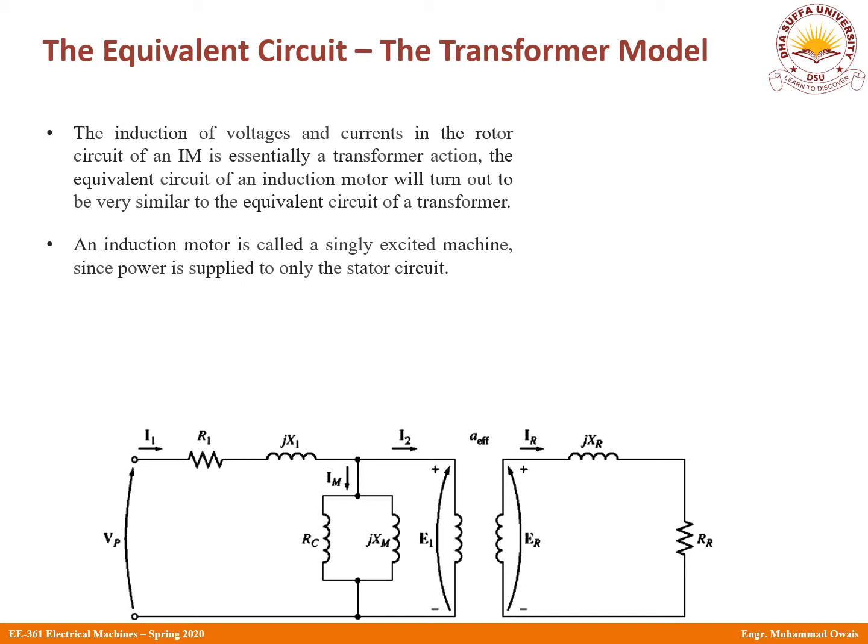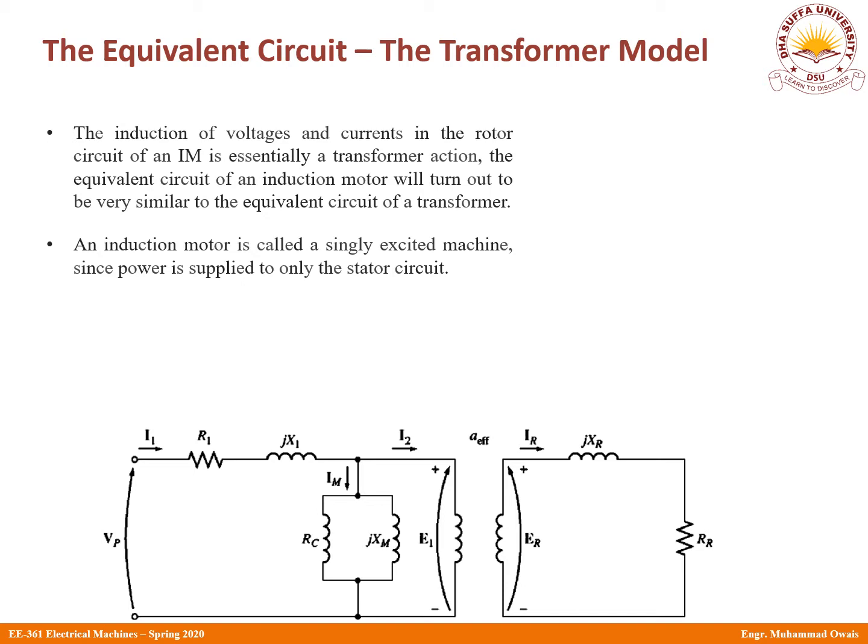So there is no external or secondary power source which is being supplied, as was the case in the synchronous machine, because synchronous machines are called doubly excited machines: you apply one power source on the stator, and you also had to apply a second source on the field, in order to have field current. Here you have the phenomenon of electromagnetic induction.